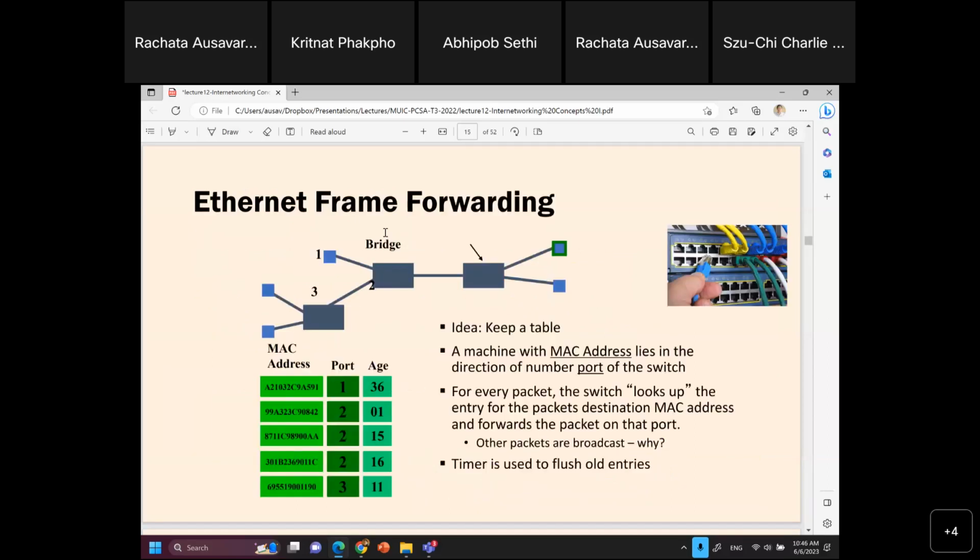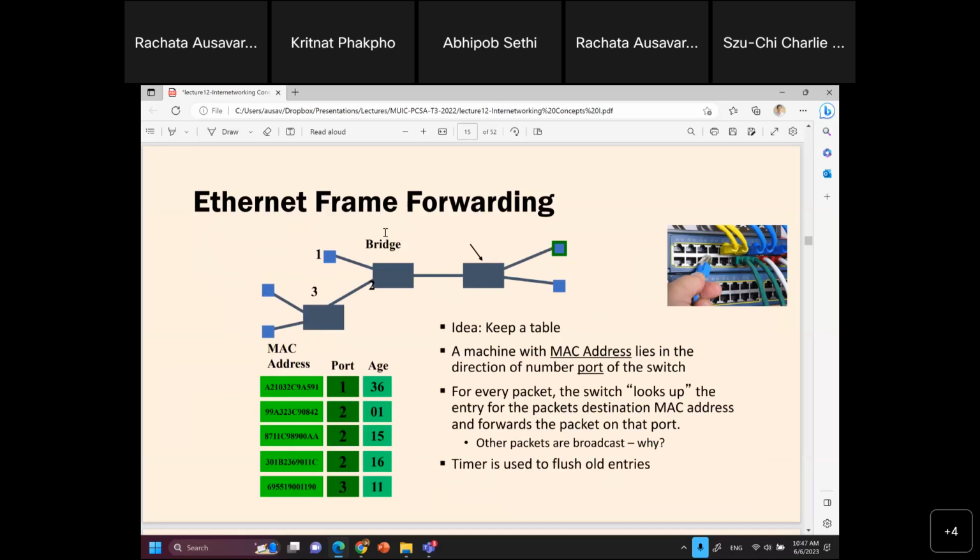All right, now let's focus on how I forward. Again, these are a bunch of intermediate nodes that you have to forward through from one source to the destination. Your task is to figure out where to go next, okay? So for the Ethernet frame, the way you would forward, the idea is actually simple. You keep a big table that has the MAC address and the port.